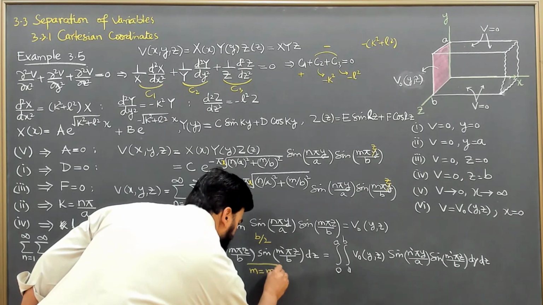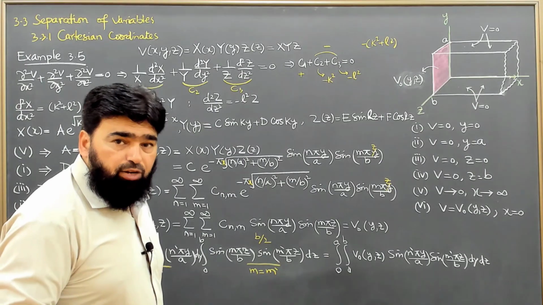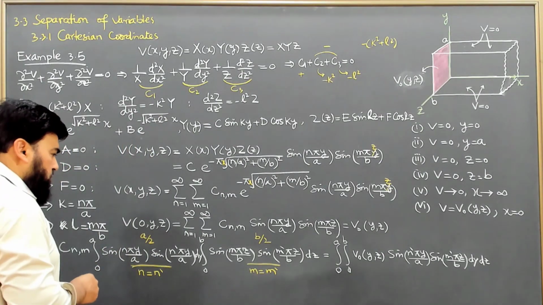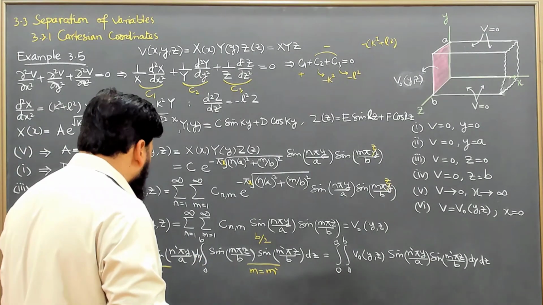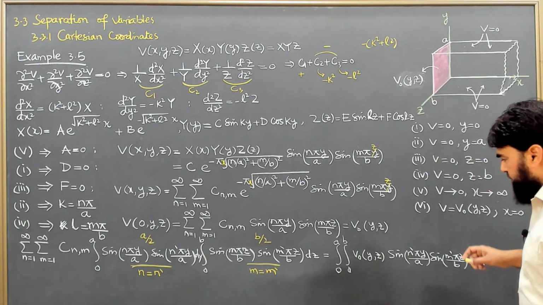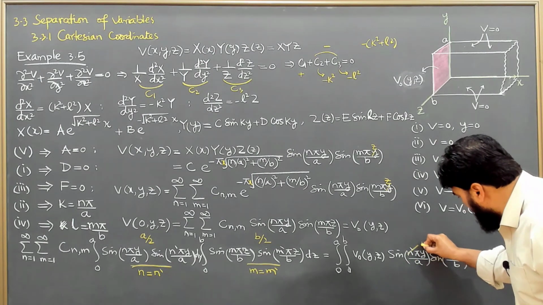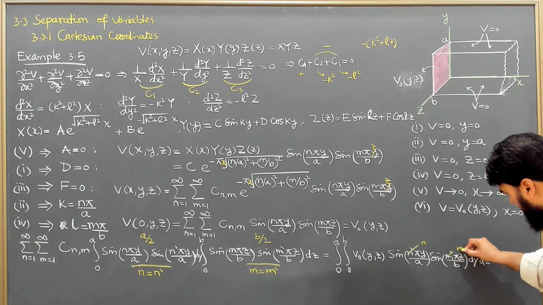When these two indices are not the same, it will give 0. So only for these two values it will give us this value, and when n is equal to n prime and m is equal to m prime, then in the coming equation we will write this n prime as n and this m prime as m.